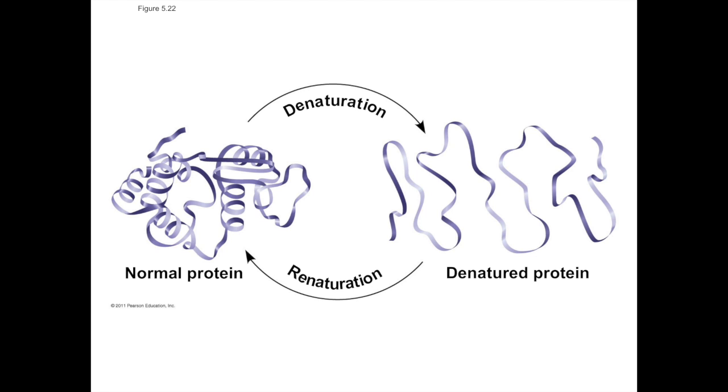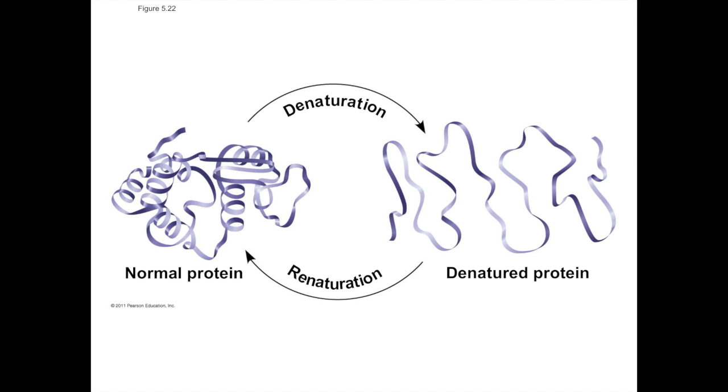But when we change the shape of the protein, we call that denaturation. And when we denature a protein, you can see here it goes from being a big long squiggly ribbon, and then we do something like maybe we heat it up, or maybe we change the pH, or we add a bunch of salt, and all of that can change the shape of the protein. It changes the chemical environment of that protein, and it will change shape.